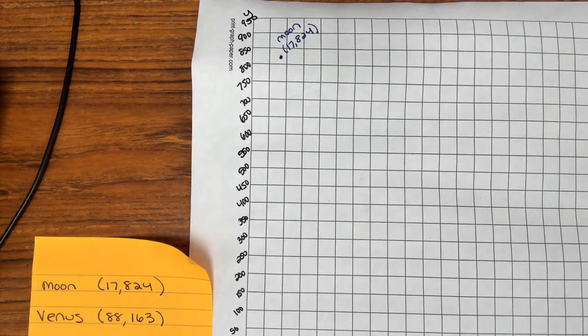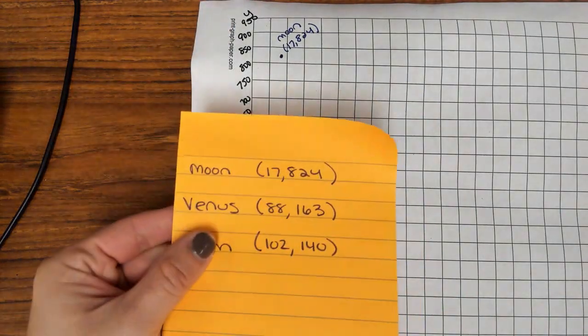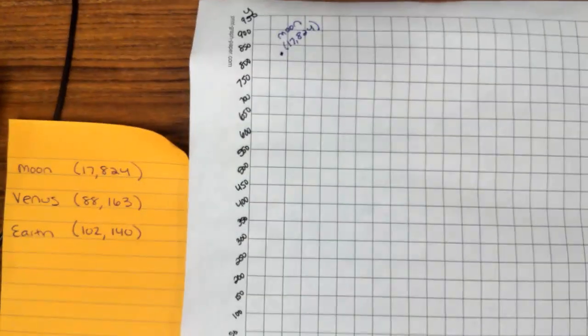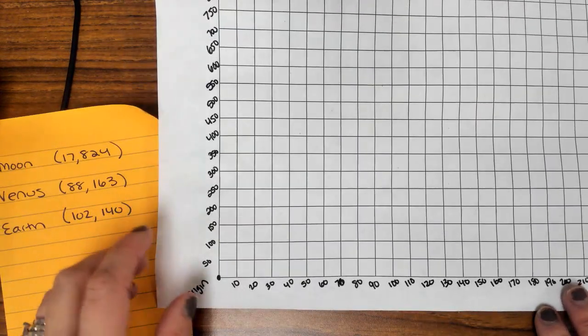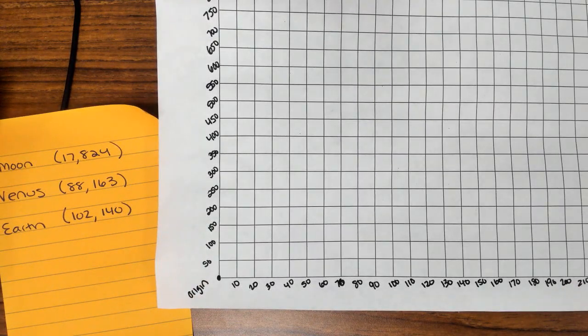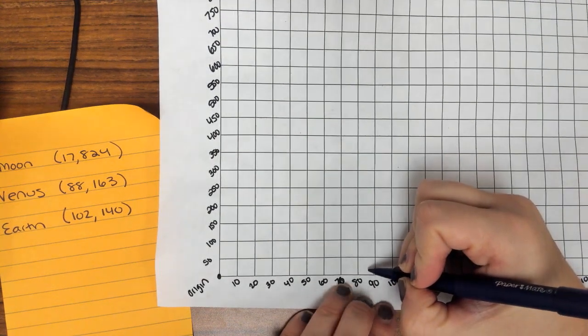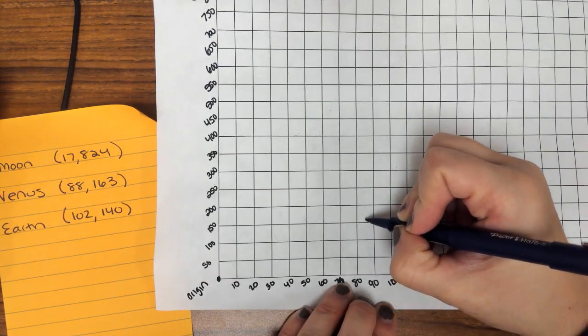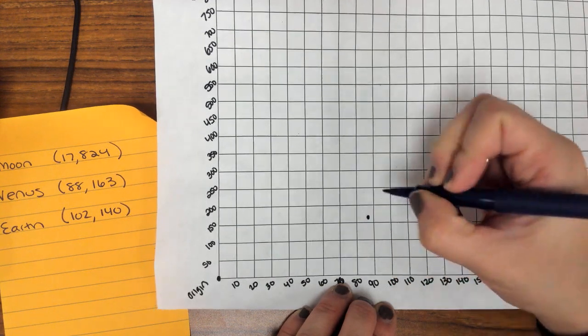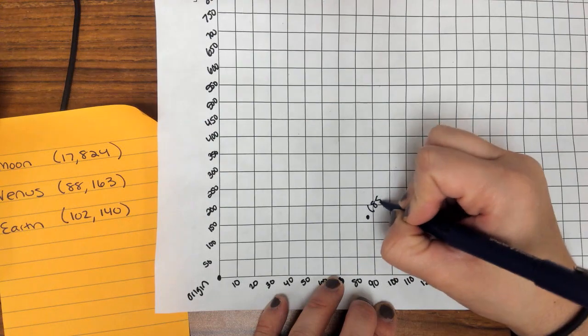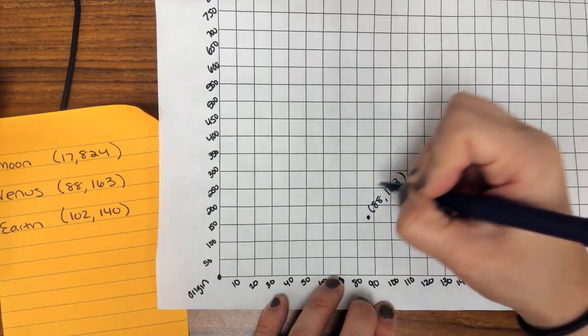Next, I have 88, 163. So I go to my x-axis, and I see that 88 would be between 80 and 90. About right here. 163 would be a little bit after 150. 88, 163, and this was Venus.